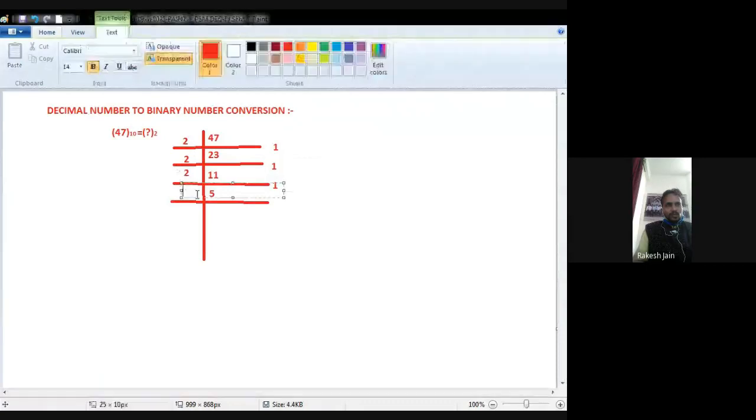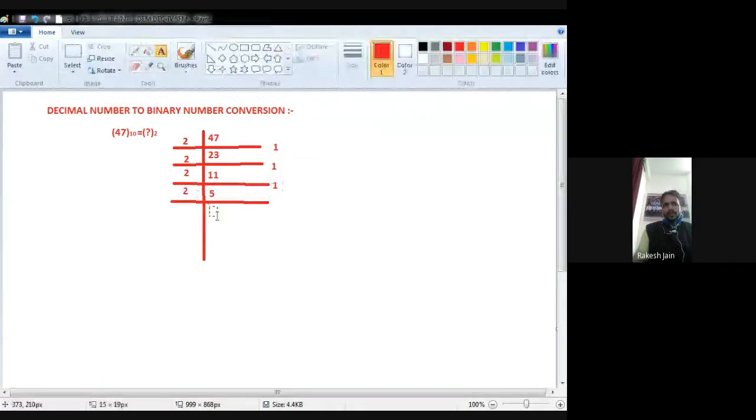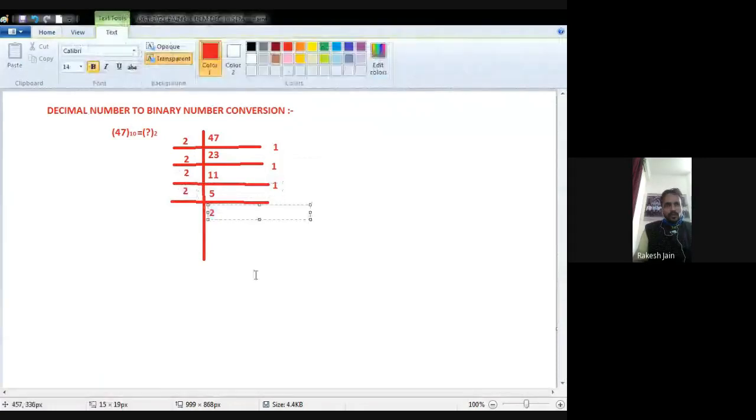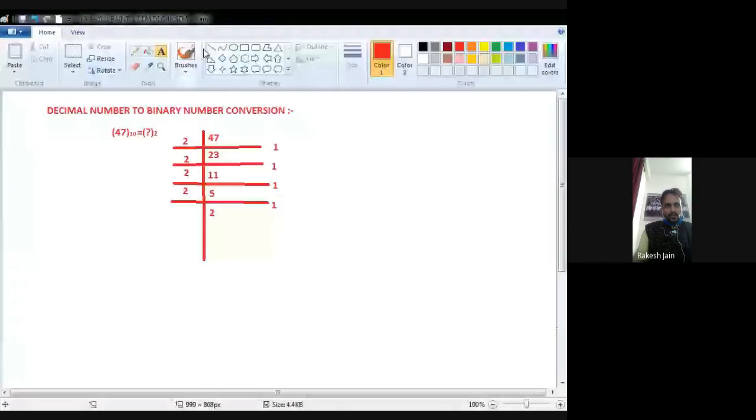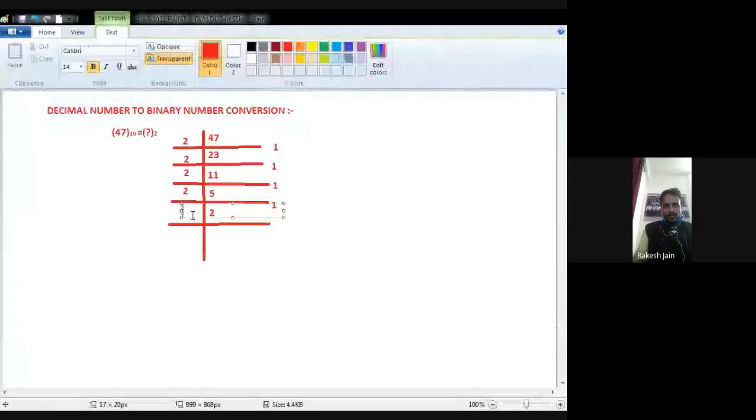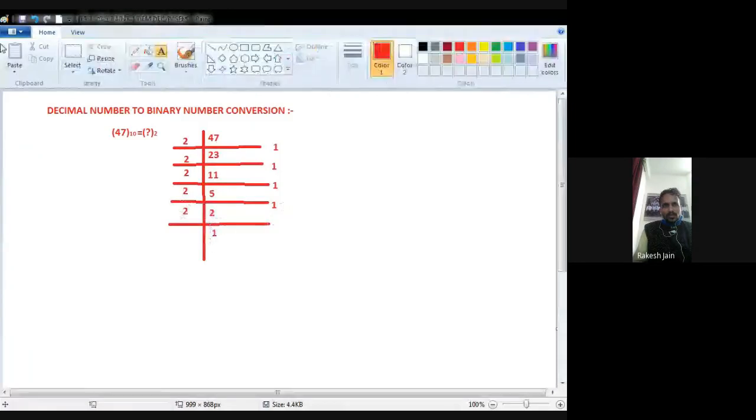The remaining bit will be 1. Again divide this number by 2. See very carefully. Again divide this number by 2. It will be divided 1 time: 2 ones are 2. What is remaining? Nothing, so that is 0.